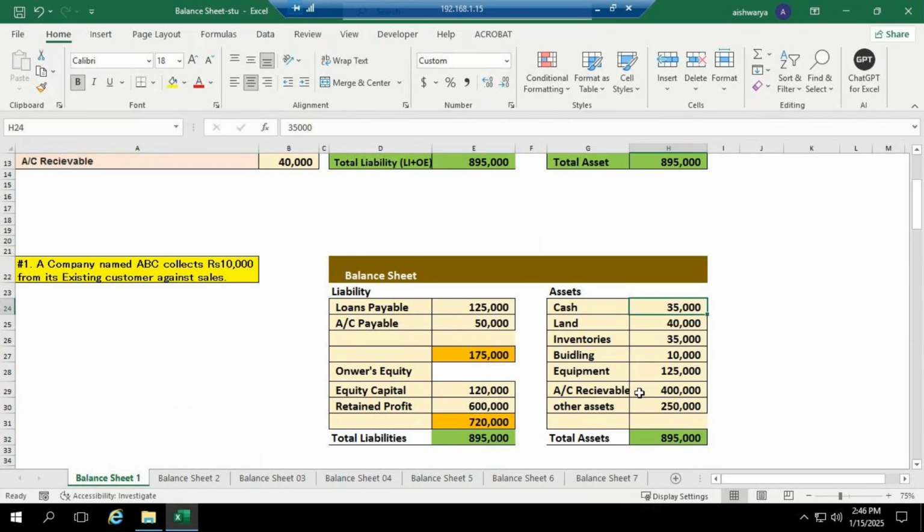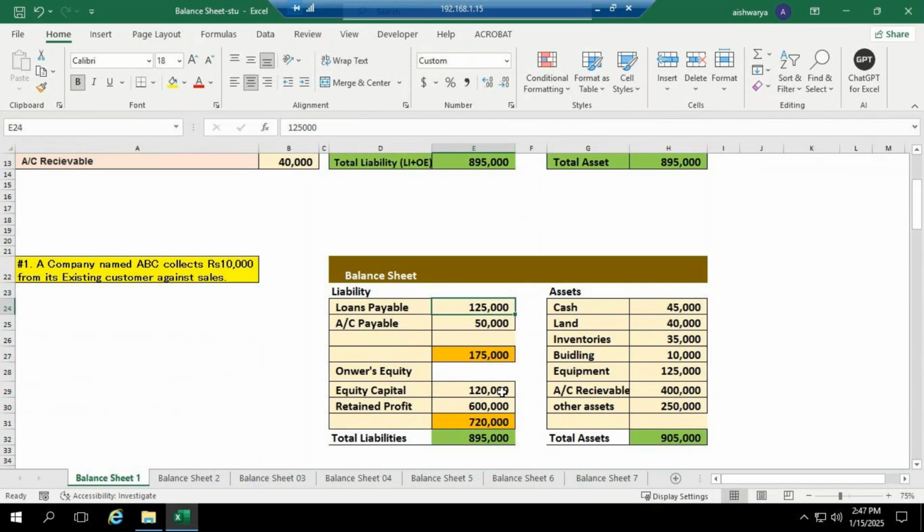So the bank balance will increase. Plus 10,000. 45,000. So the loans payable.